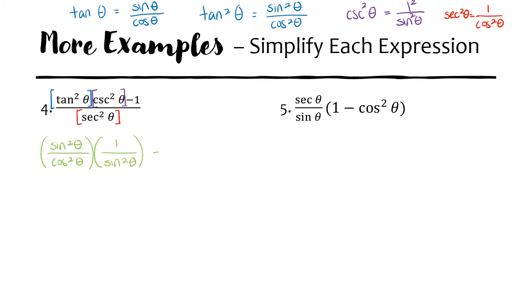Okay, we're subtracting 1. We don't want to lose that little minus 1 that's in the numerator. Okay, but this is all over, let's see, what is it all over? Secant squared, or 1 over cosine squared. Okay, let's see if we can simplify this.